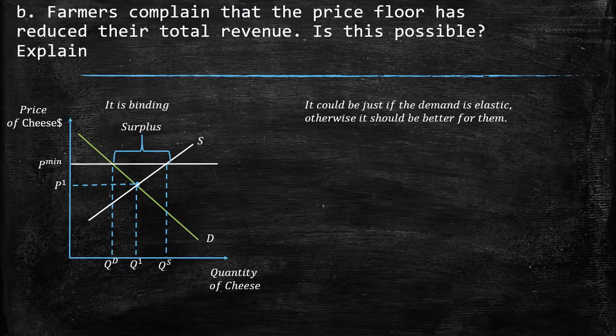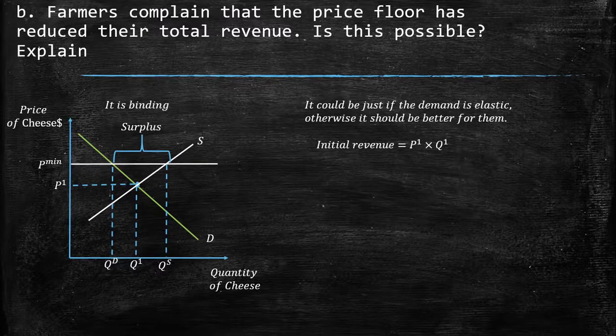When demand is elastic and you charge a higher price, your revenue is going to decrease. Otherwise, it should be better for them. If the demand curve is inelastic somewhere, a higher price returns a higher revenue. So it depends on that.